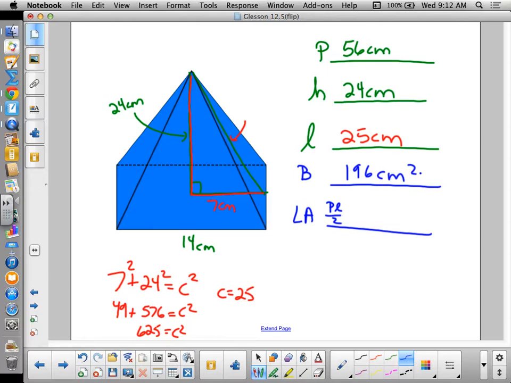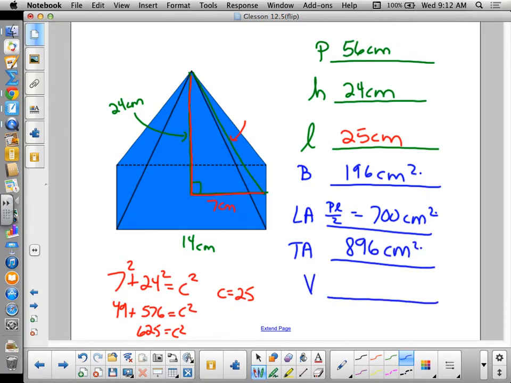So I take 56 times 25, which is 1,400, and divide that by 2, which is going to be 700. I remember this stuff. The total area is the lateral area plus 1 base, so that's going to be 896 centimeters squared.